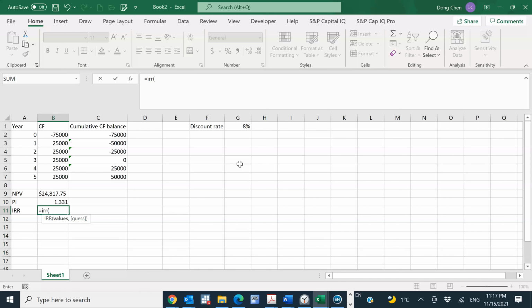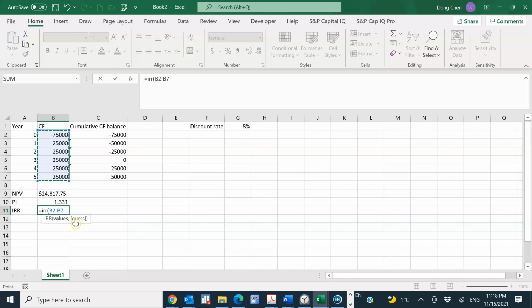But IRR is different. Once you open this function, the arguments only have values. Basically, values are cash flows. But here, we need to start from the beginning, from year 0, and then drag the cell all the way down to the last year's cash flow.